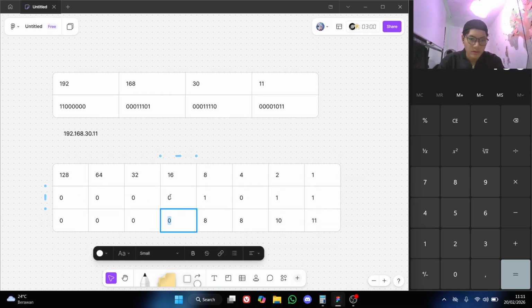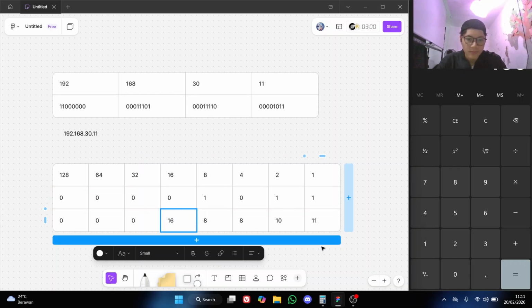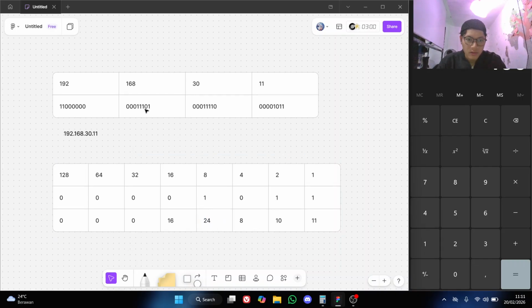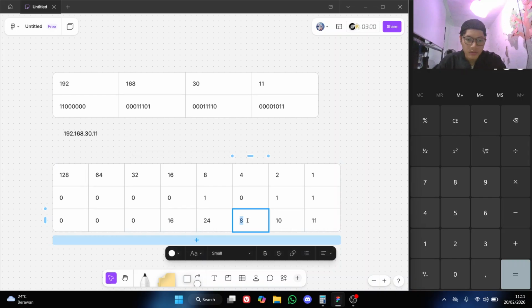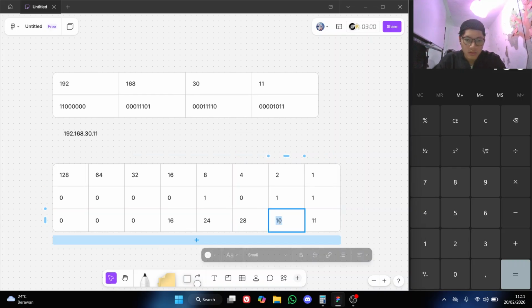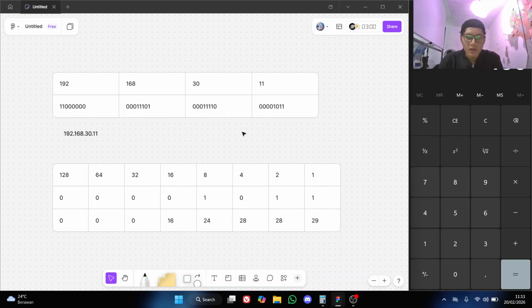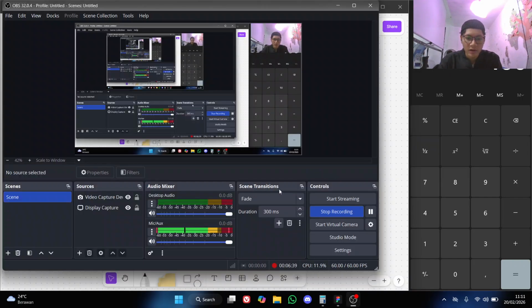So it's 0, 0, 0, and 1 is 16, and 16 plus 8 is 24, and then for this one it is 28, and this one is 29. So the number is 29.